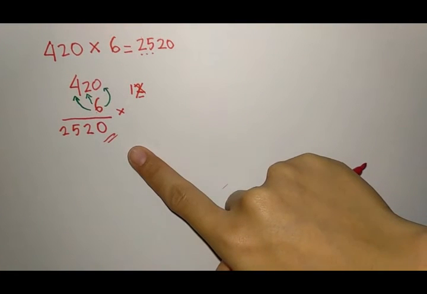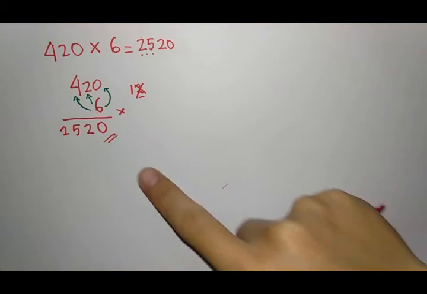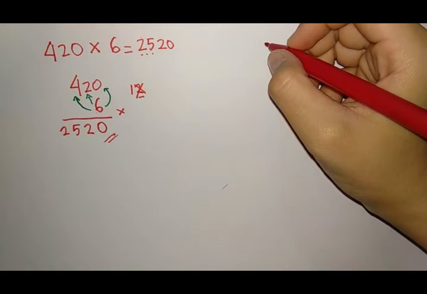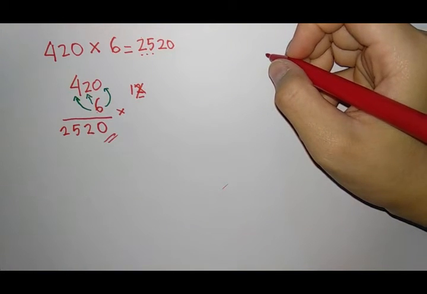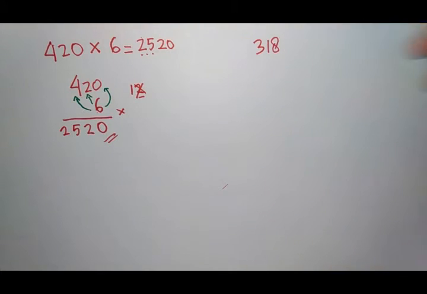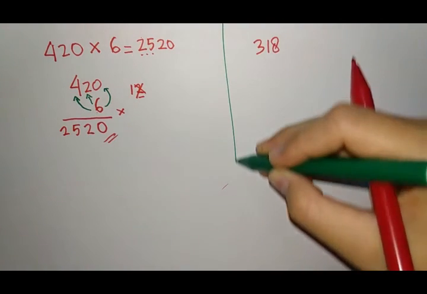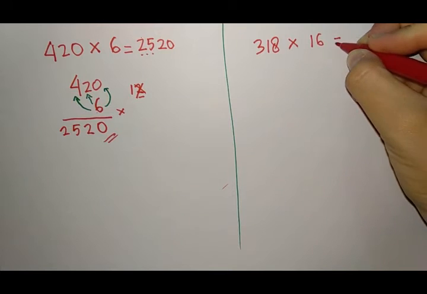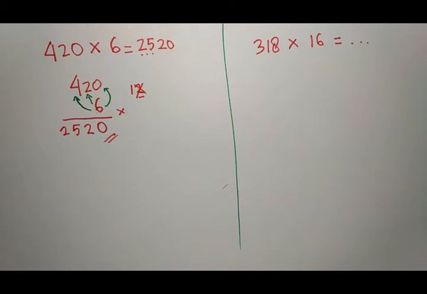If this example is multiplying by a one-digit number, now I will give an example, the bigger number of course, multiplying by a two-digit number. So if I have 318, I will separate this. 318 multiplied by 16 equals, the steps are the same.